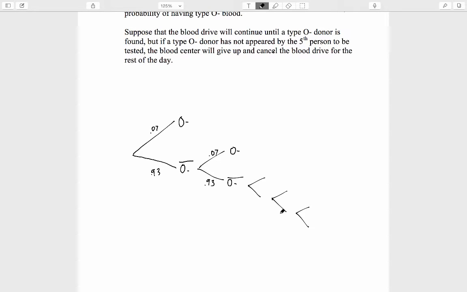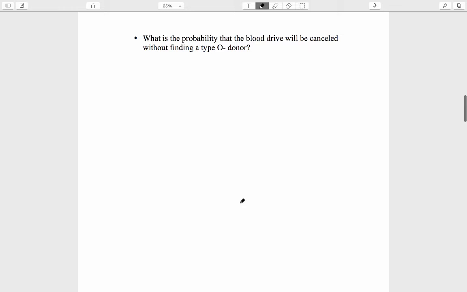Notice how this tree is quite different from the full tree that we've looked at before for experiments that involve Bernoulli trials. Our first question is, what is the probability that the blood drive will be cancelled without finding a type O negative donor? In order for that to happen, it would have to be that 5 donors come in, and one after the other, they all have a type different from O negative.